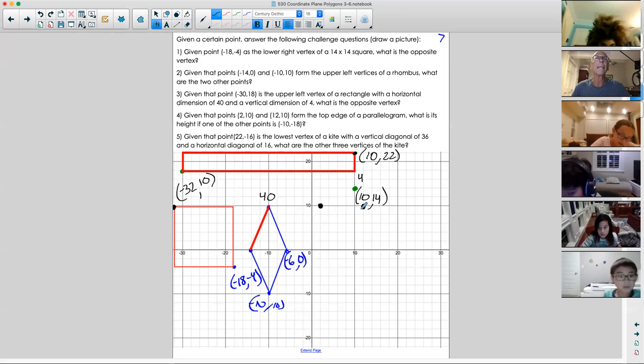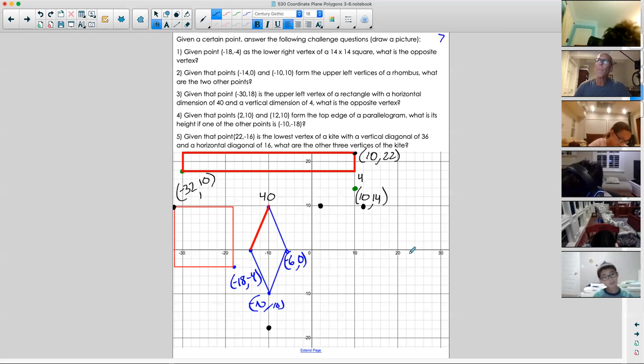What is the height if one of the other vertices is -10, -18? So -10, -18. I've just drawn the third point, and I need the height of the parallelogram.